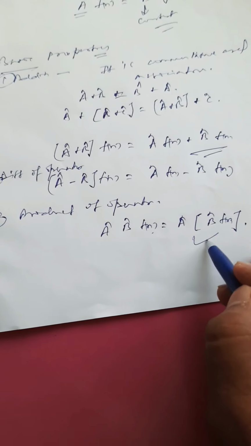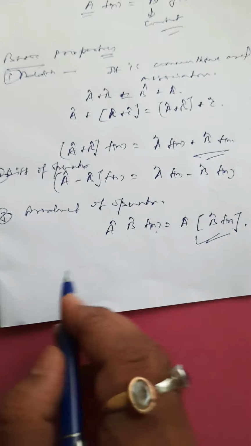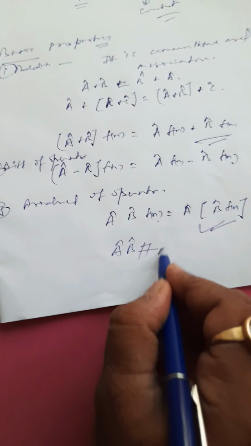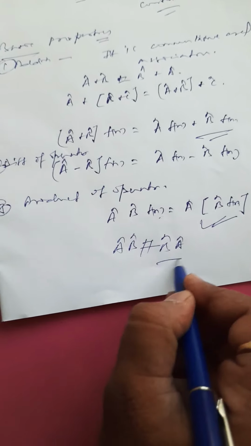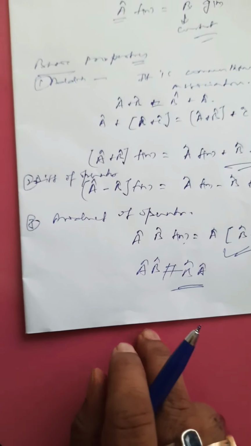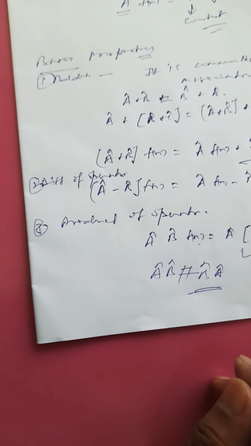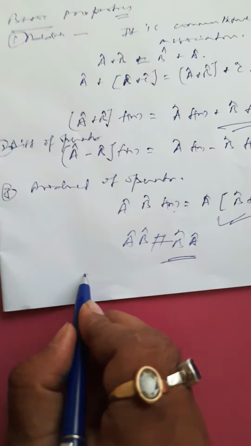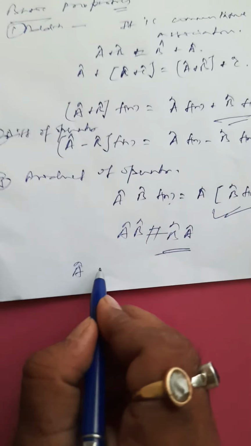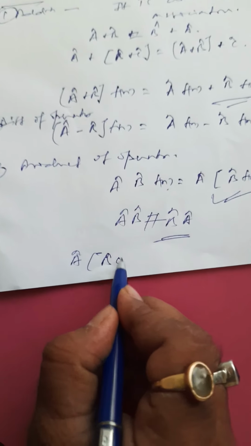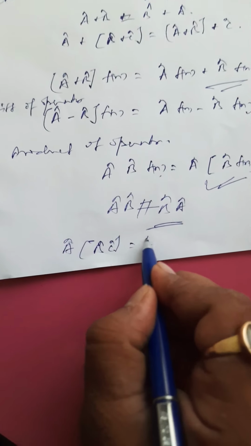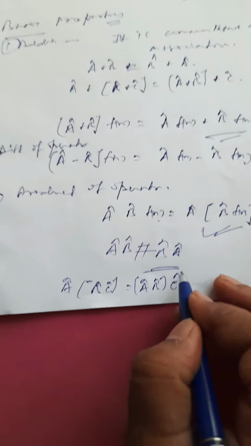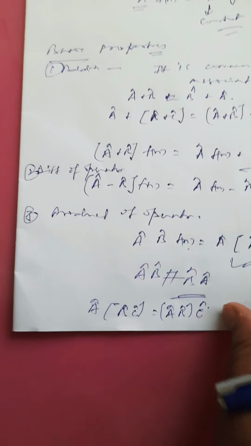In general, multiplication is not commutative, but it does follow the associative law of multiplication: A cap (B cap C cap) is equal to (A cap B cap) C cap.